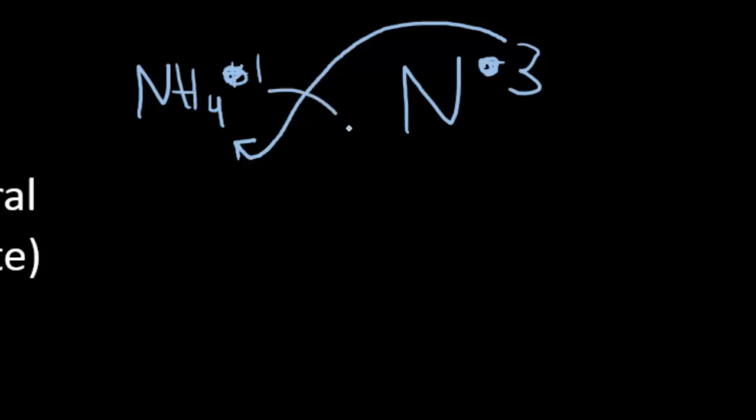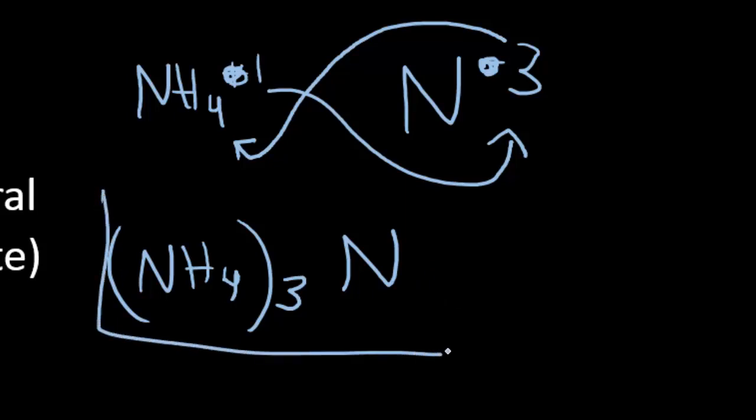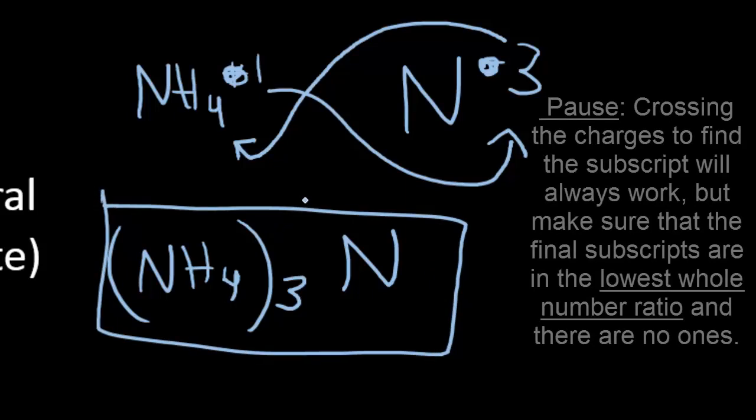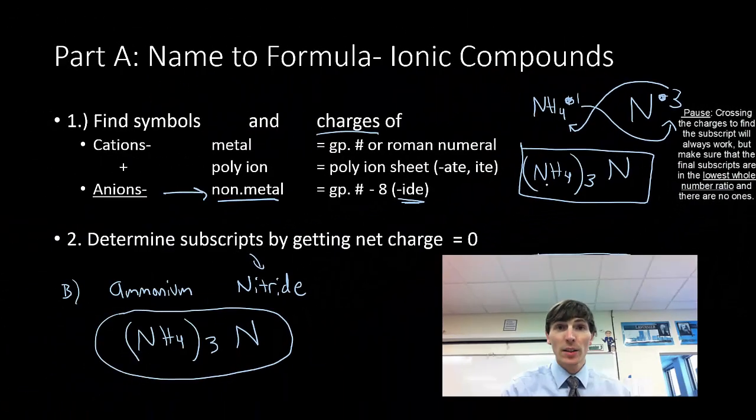The 1 is going to become the subscript of my nitrogen. I rewrite this as (NH4)3N, and I had 1 nitrogen, but we do not need to write a 1, so I'm just going to erase that there. And there we go. There's our final answer. There's a shortcut way you can do it. Cross the subscripts. So this is how we go from name to formula, and I hope that this was helpful.